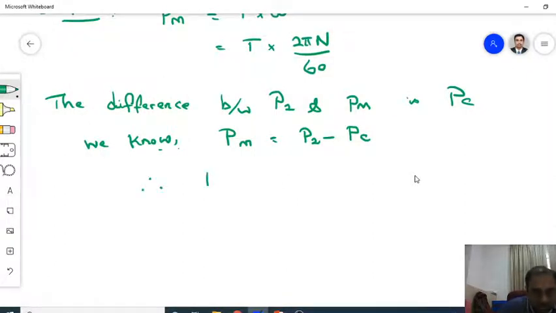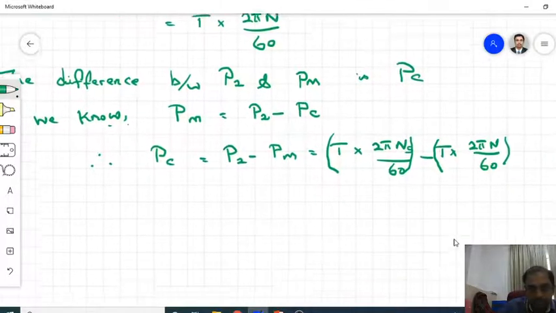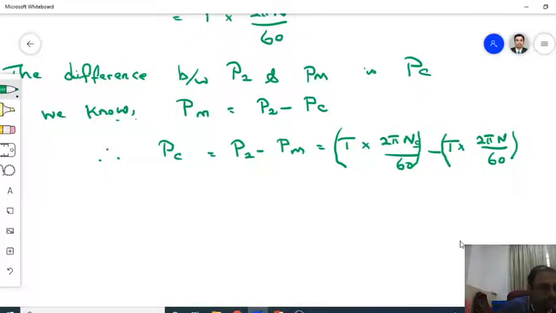Therefore Pc equal to P2 minus Pm, that is T into 2 pi Ns by 60 minus T into 2 pi N by 60.